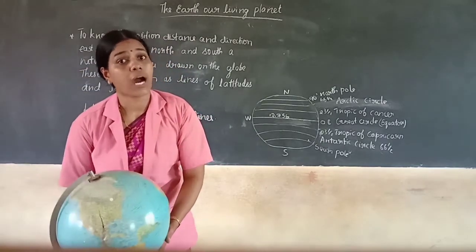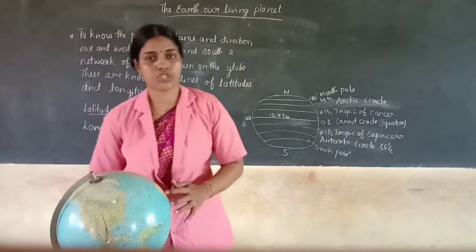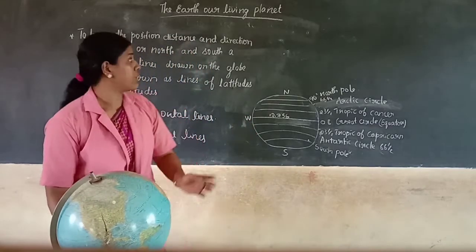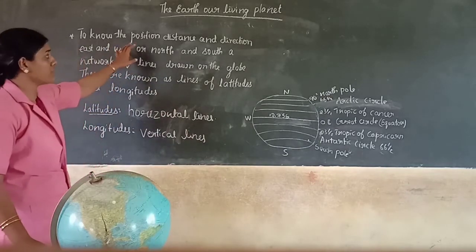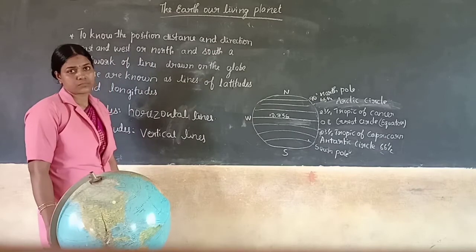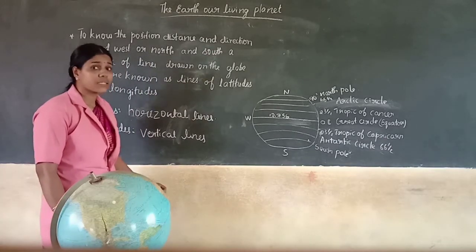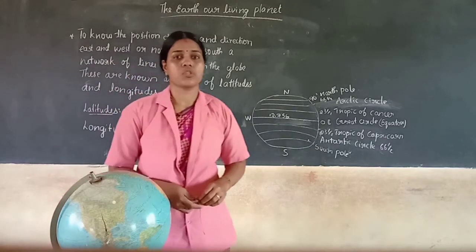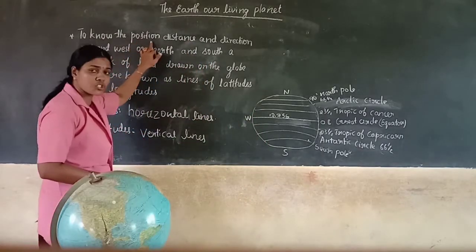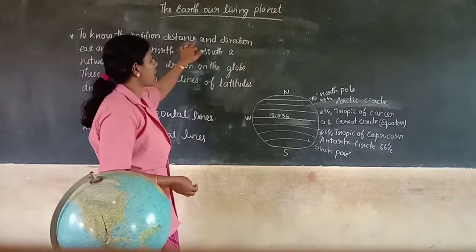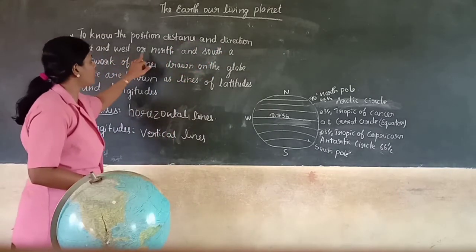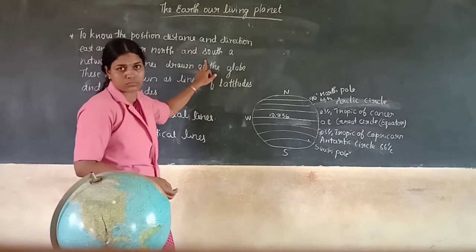Because Earth is in a spherical shape, it is difficult to find out the places, position, distance and direction, east and west, north and south.